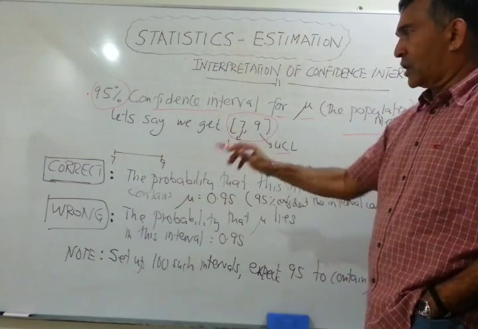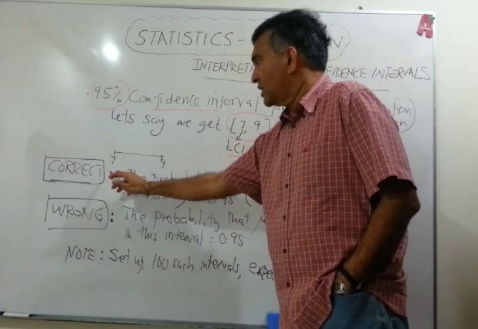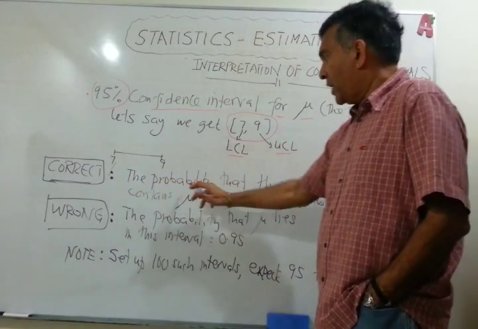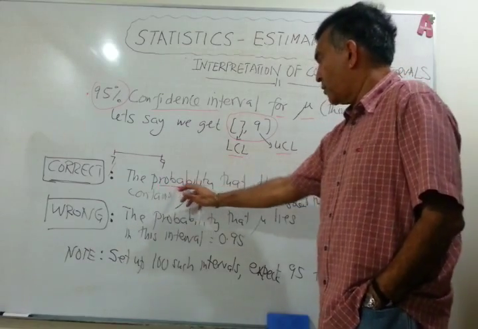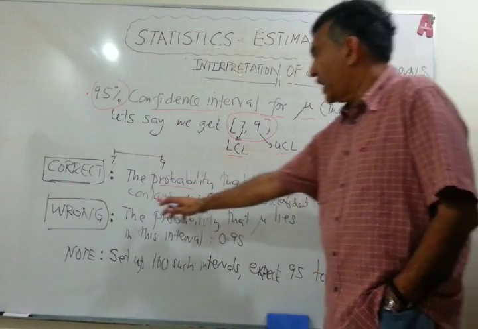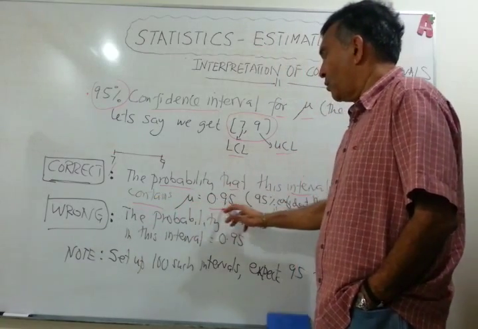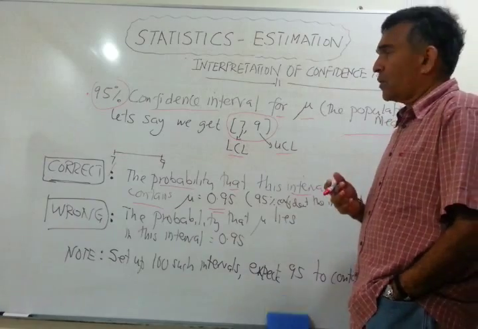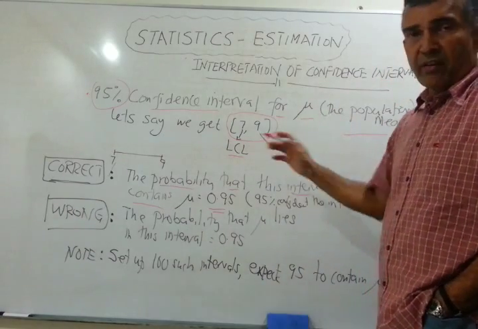So let's read the correct statement. The probability that this interval contains mu is 0.95. That's how you interpret your 95% confidence interval for mu that we have here.